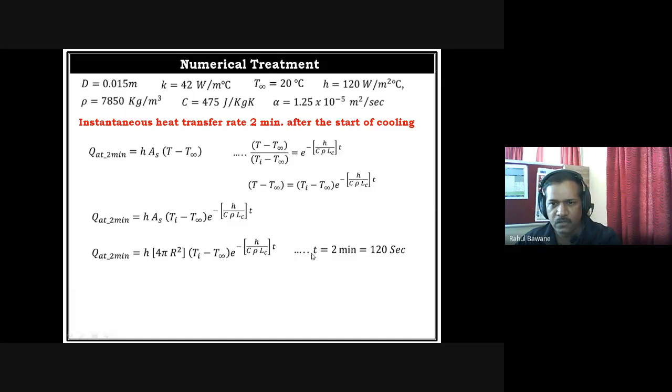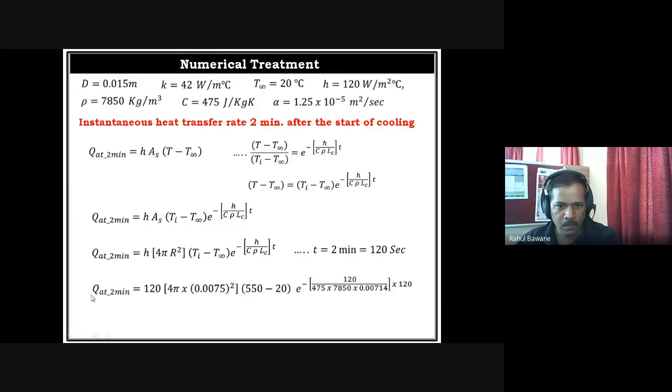So we will put time 2 minutes, but as I said, all terms should be in their basic unit. The basic unit for time is second, so 120 seconds. Put in all the values. h we know, 4 pi r square, the radius is given, then initial temperature 550, surrounding 20, e raised to the power h which is given, then c 475, rho 7850, and the characteristic length we just found in the previous step, multiplied by this time 120.